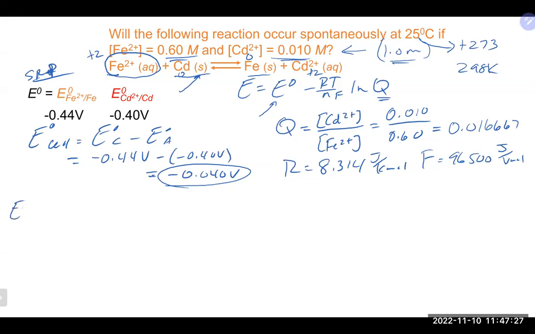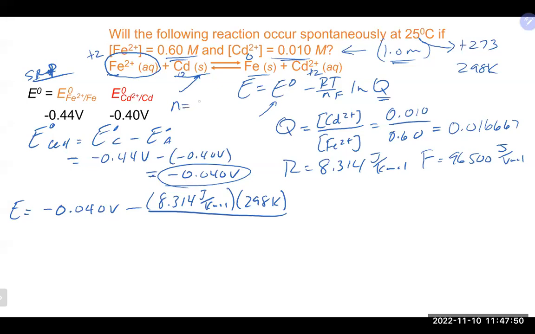I think we got everything we need, so we're just going to put it in. E is going to equal minus 0.04 volts minus our 8.314 times 298 divided by, I guess the other thing we should figure out is n. In this case, n is just 2 electrons. You don't add them together.